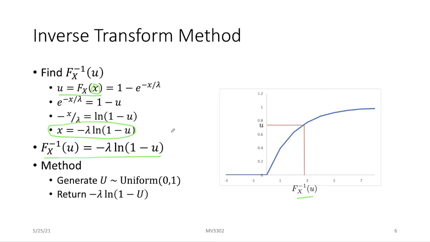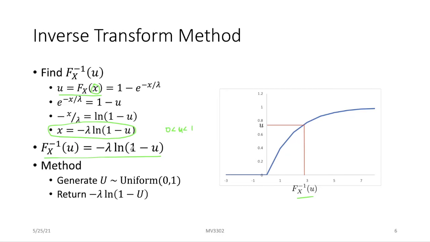Well, u is always going to be between 0 and 1, and therefore, 1 minus u is going to be between 0 and 1. And the log of a number that's between 0 and 1 is always negative. And so a negative of a negative is going to give us a positive.